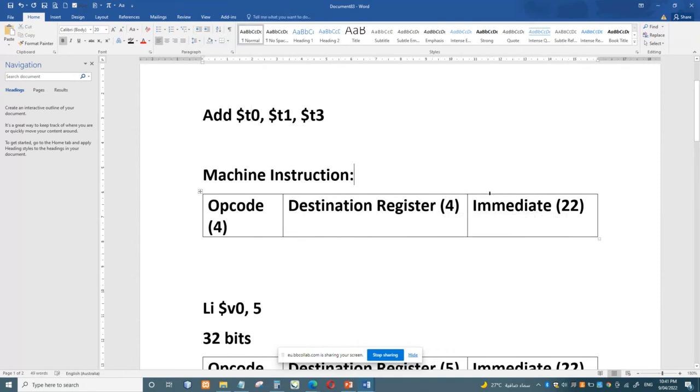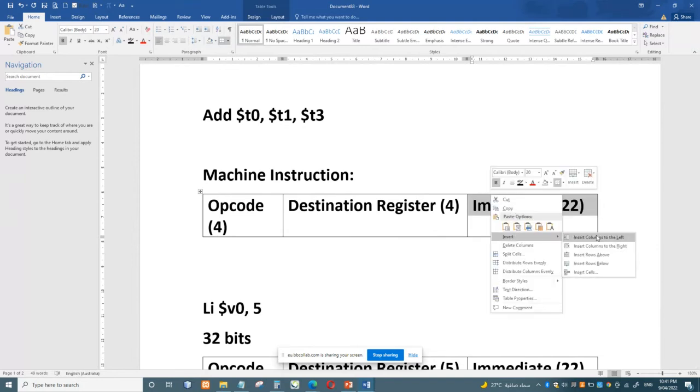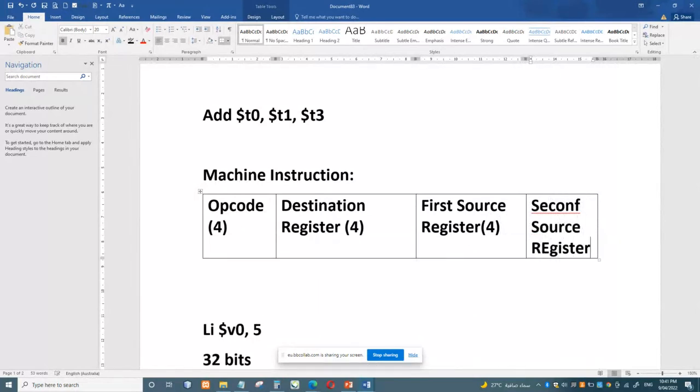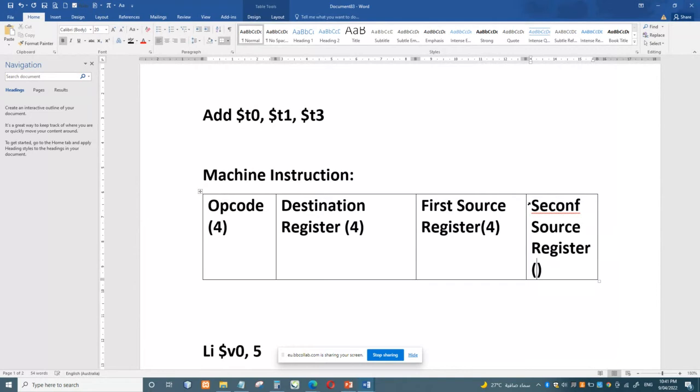Then we can use the first source register, we can also take 4 bits, and the second source register, we can also take 4 bits.